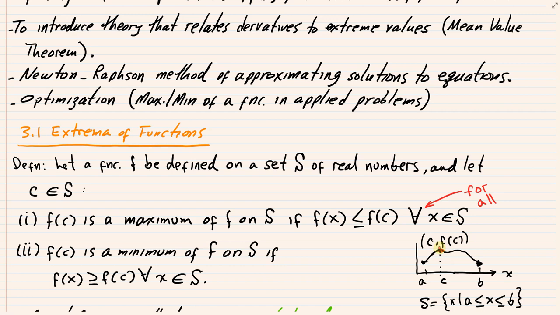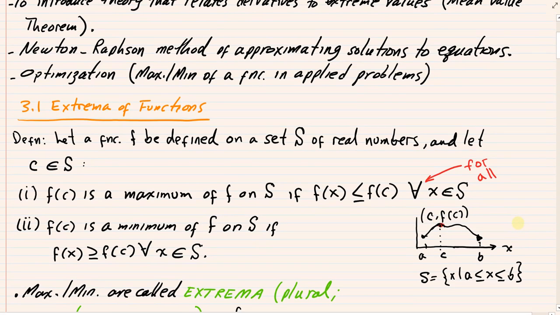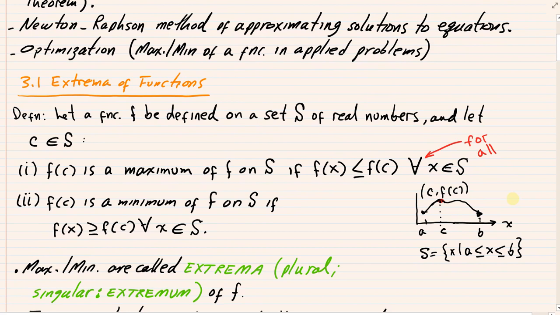And a minimum is defined in a similar fashion. In the case of a minimum, we're looking at a function value that's the minimum on a set if there is, this time, no point lower than the one at c. Okay, so f at c is again going to be the low point of the function. Now these extrema together, minimum and maximum, are called extrema, which is the plural word.